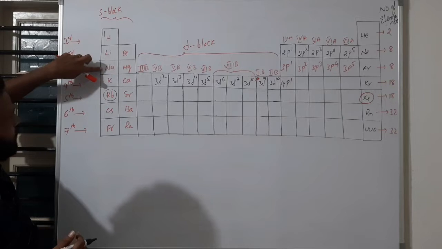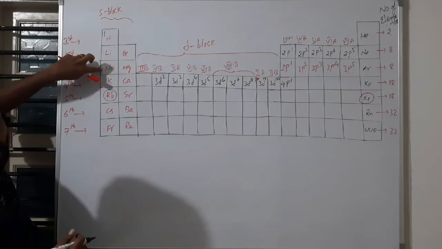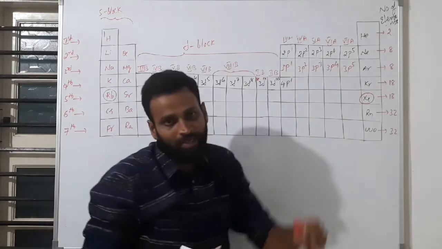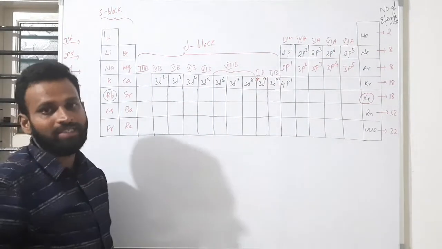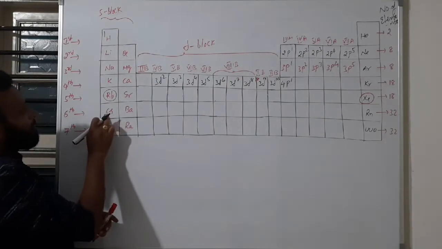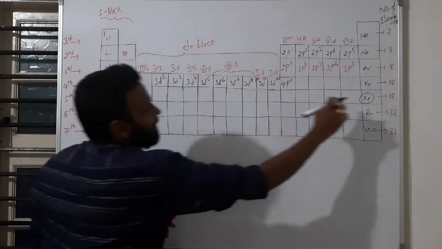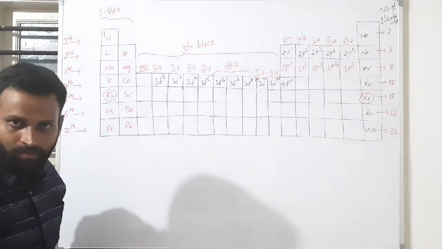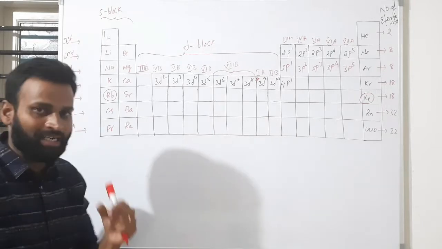If you want the atomic number of a third period element, you have to know the total elements present in the second period. In that way we have to consider. Suppose I want the atomic number of cesium, then I have to know the total elements in the fifth period. Getting what I am saying? This is a very simple trick.